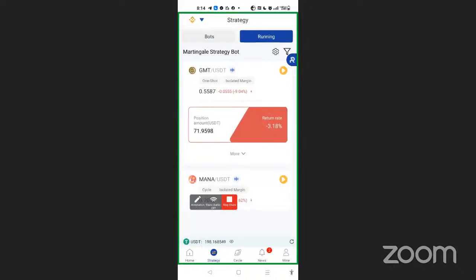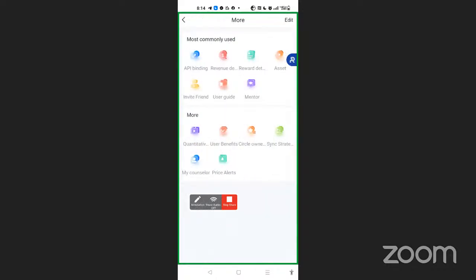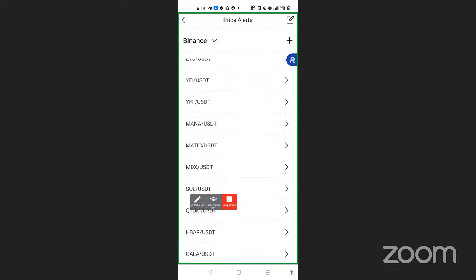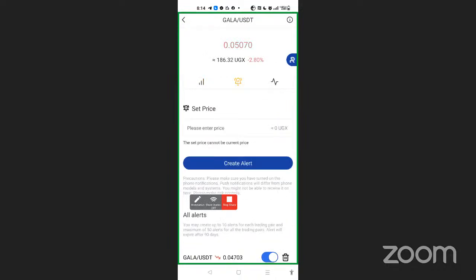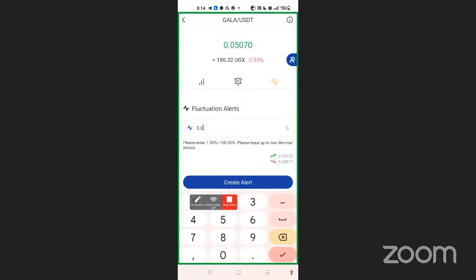Then you come here, pick Gala, tap on more, then go to price alert. Where's Gala? It is here. Then you set an alert, and Royal Q will remind you, either by price or by drop, 3.02.